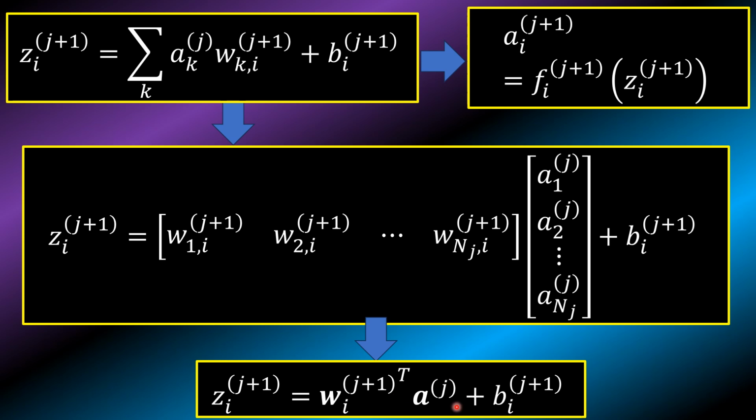Because the activation functions are going to be weighted. Then you're going to add that bias term, of course, for the ith neuron in the J plus 1th layer. That's going to be equal to your signal, the signal that the neuron receives, and in turn, it's going to be activated in accordance with this activation function.